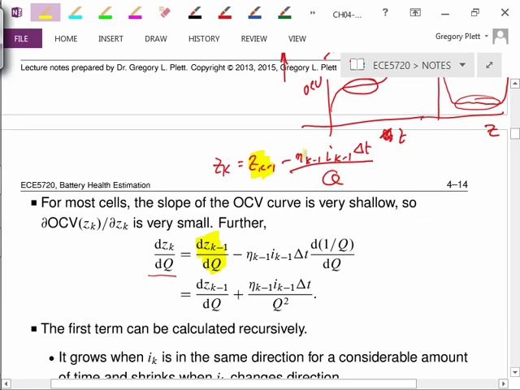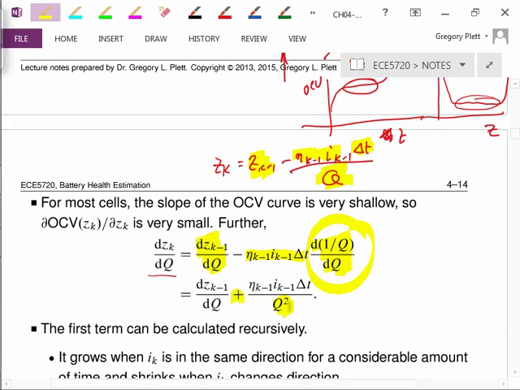The eta, not a function of capacity, the i not a function of capacity, delta T not a function of capacity. So those are constants. But then I've got derivative of 1 over Q by dQ, which is a function of the capacity, of course. The derivative here we evaluate using calculus. It's just minus 1 over Q squared, so I have a plus and a Q squared that shows up.